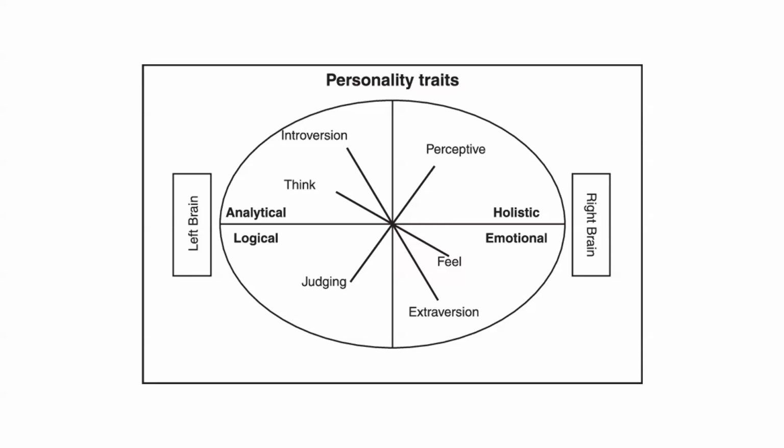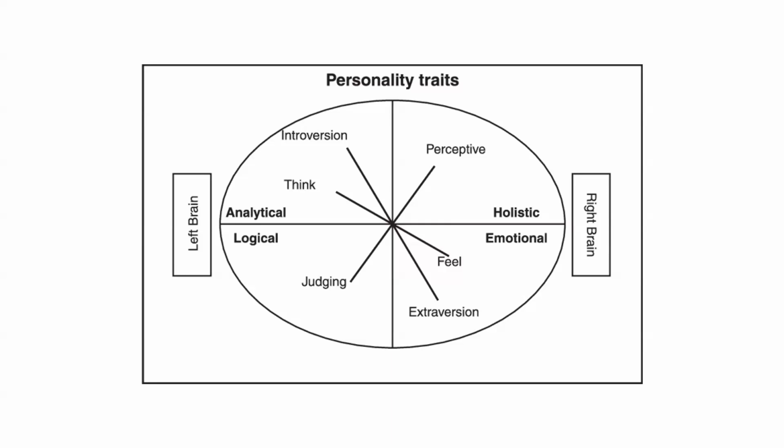Here, according to this diagram, left brain and right brain, they have divided the brain into two parts, and actually four parts: perspective, holistic, emotional, analytical, logical.